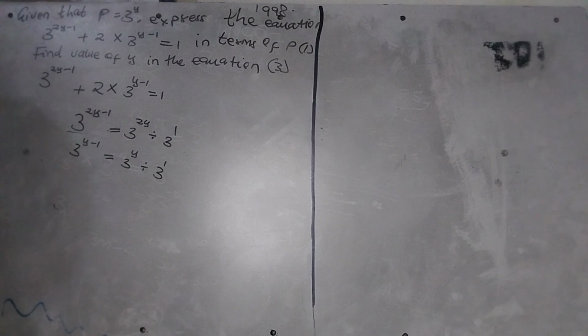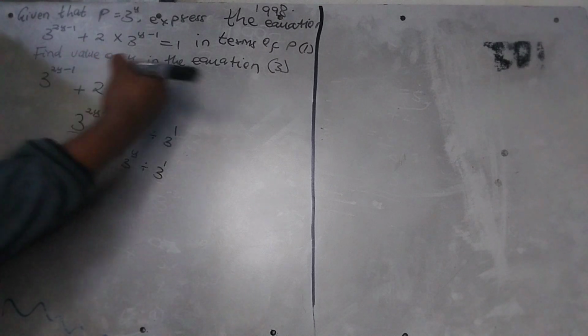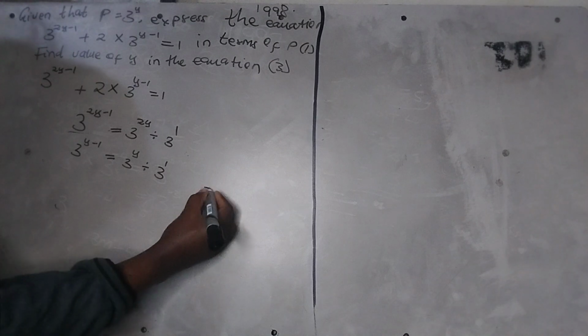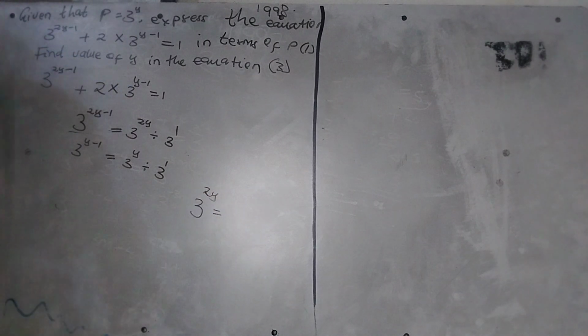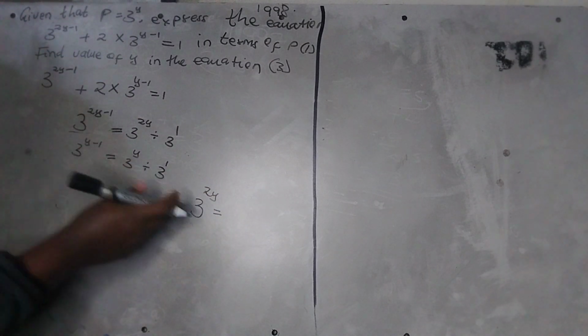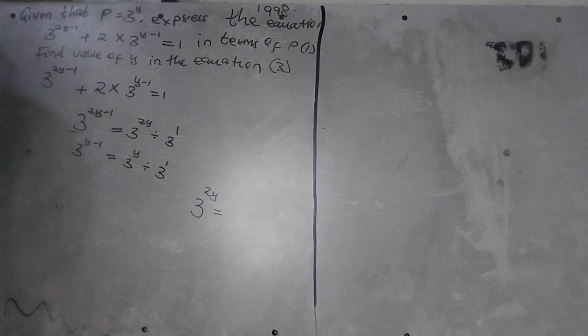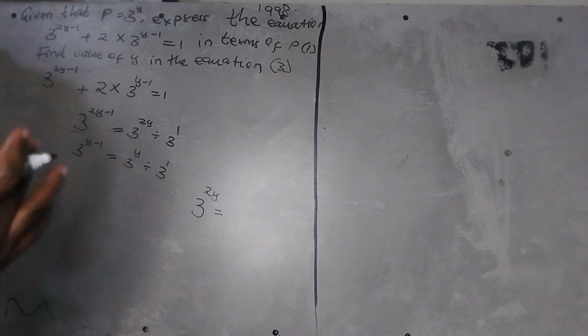We have a 3 to power y and a 3 to power 2y. What is the 3 to power 2y, so that we can avoid confusion? It was gotten as 2y, which means that a y was added to a y. If addition was involved, that means that in the background it was multiplication.